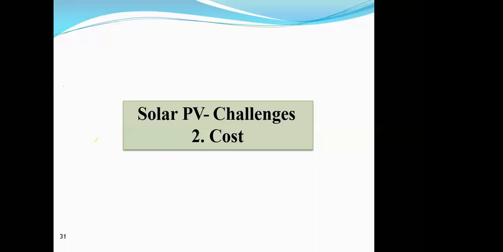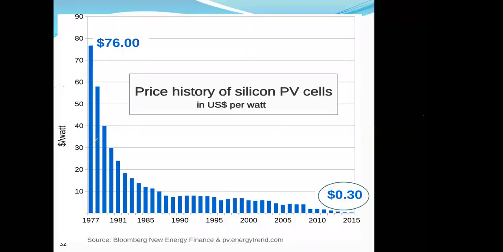Cost has decreased from 1977 till now, but it is still high in comparison, and we are working on different areas to reduce this cost by changing the materials or by using different techniques. One of them is known as MPPT, maximum power point tracking system. These are used basically to reduce the cost. We might discuss it in coming slides in the PPT.